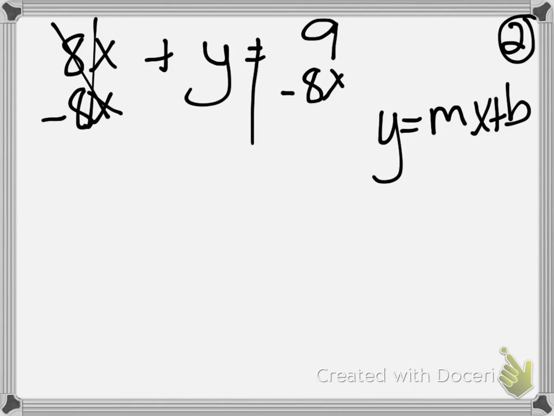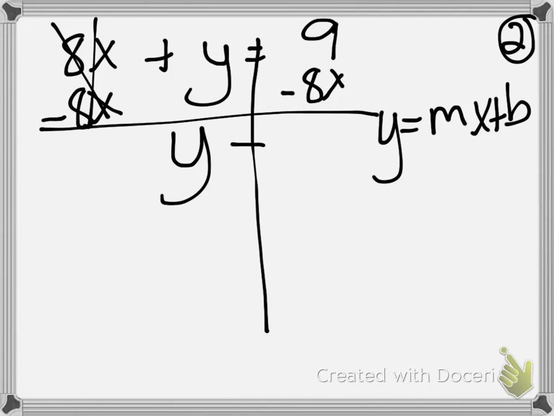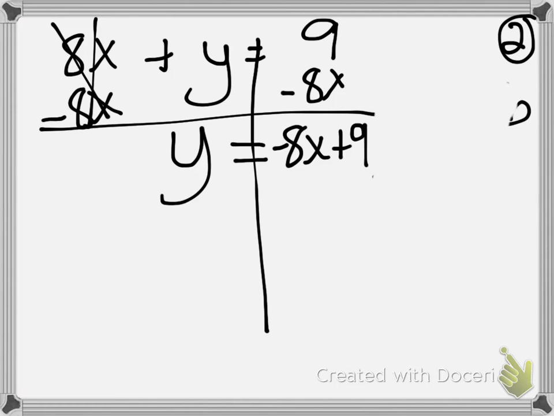I forgot to draw my line first. So y is here, and we end up, let me erase this so it doesn't confuse you, right there with y equals mx plus b.